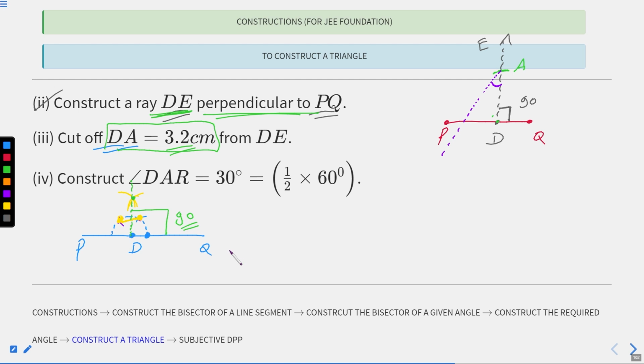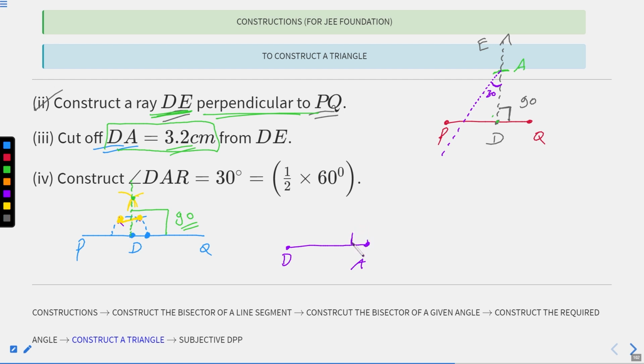Let me do it in here, using that same step here. Okay, so this is my D, this is my A, and I want here an angle of 30 degree. How I am going to construct this 30 degree angle is quite easy.